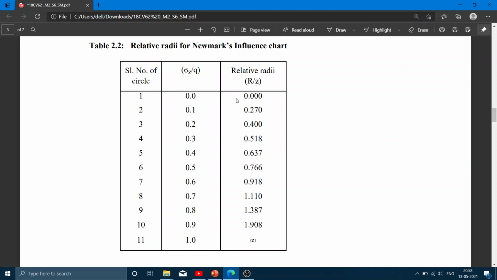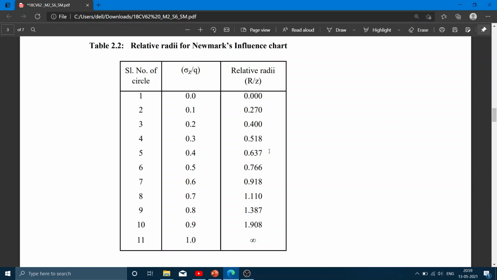If a particular depth is specified, then a series of concentric circles can be drawn. Since the first circle has zero radius and the 11th has infinite radius, in practice only 9 circles are drawn.